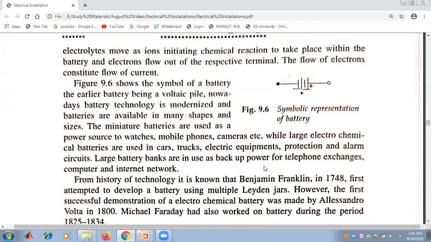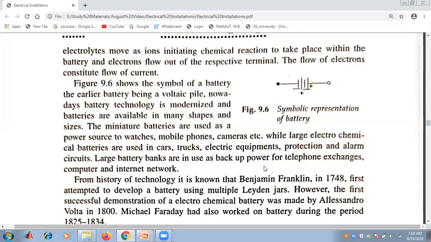Say, miniature batteries are used as a power source for watches, mobile phones, cameras, and others, while large electrochemical batteries are generally used in cars, trucks, electric equipment, protection and alarm circuits.